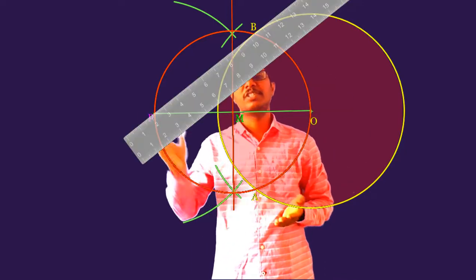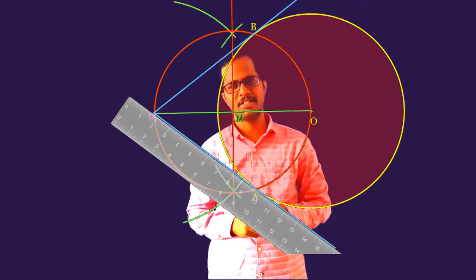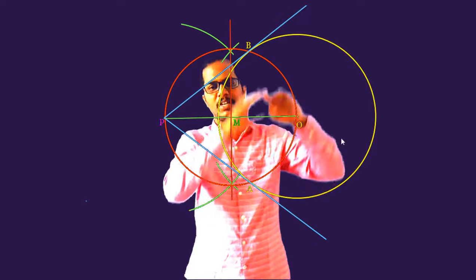Name these two points A and B. Now join the points P and B, and we get a tangent, and also join PA, the second tangent. These are the two required tangents to the given circle with center O. This is the way of constructing a pair of tangents to a circle from an external point when the distance between the center and the external point is given.